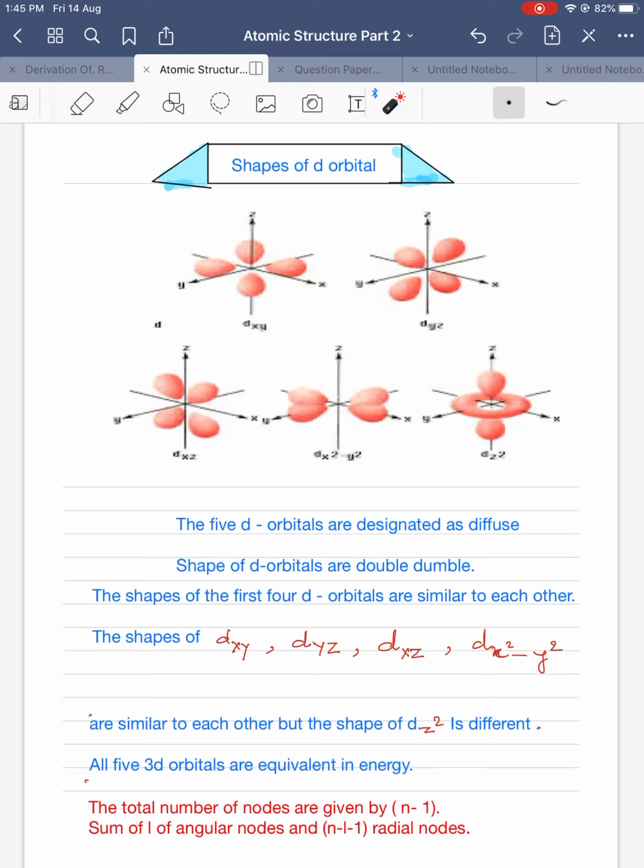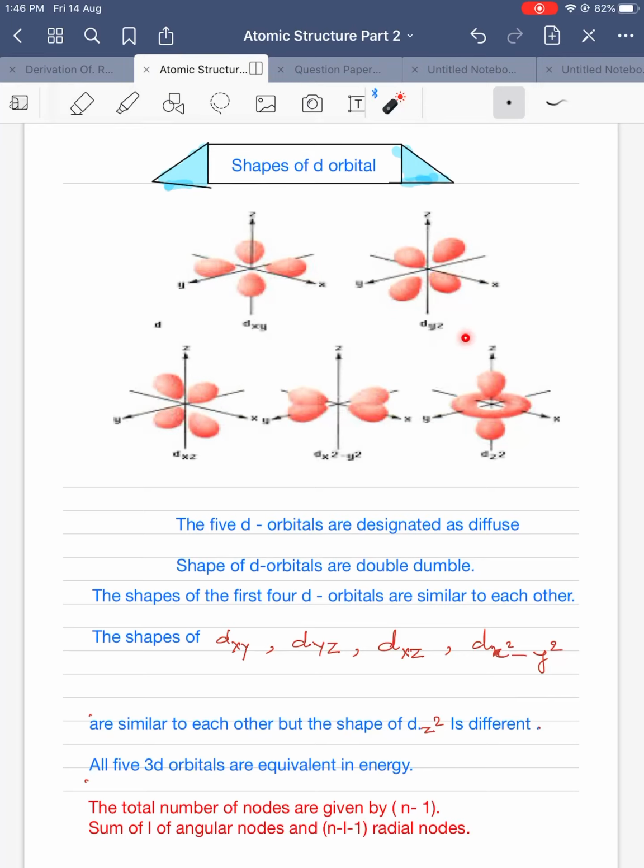The shapes of first 4, dxy, dyz, dzx and dx square minus y square, are similar to each other, whereas the fifth one, dz square, is different from others, but all the 5 d orbitals are equivalent in energy, and they are called degenerate orbitals.